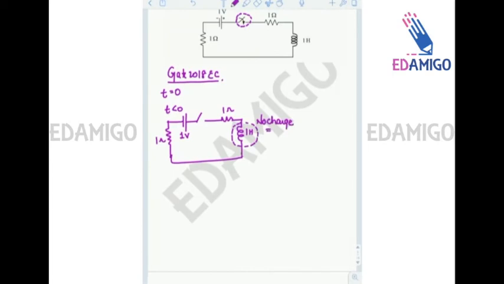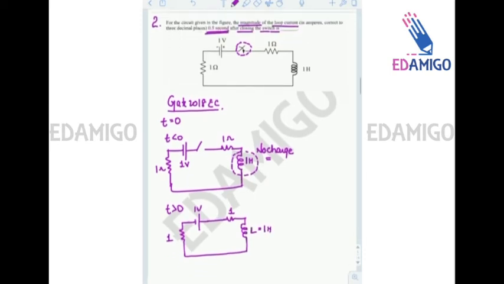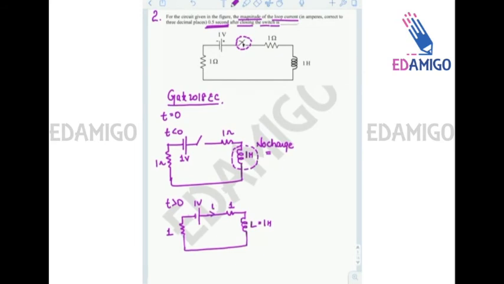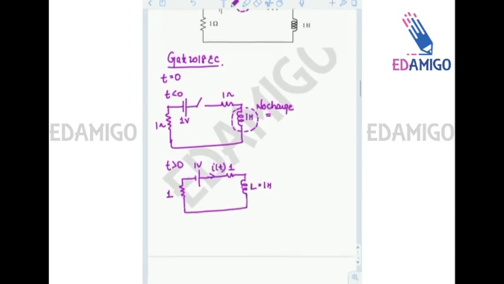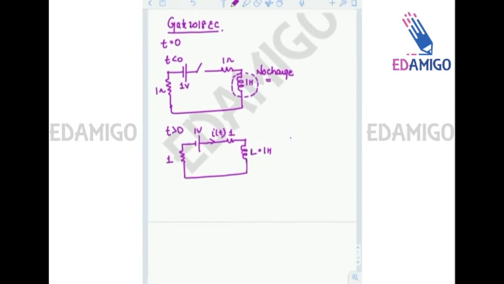Now for t greater than 0, the switch will be connected, so we have to find the loop current, and the current will flow in this direction at t equals to 0.5.